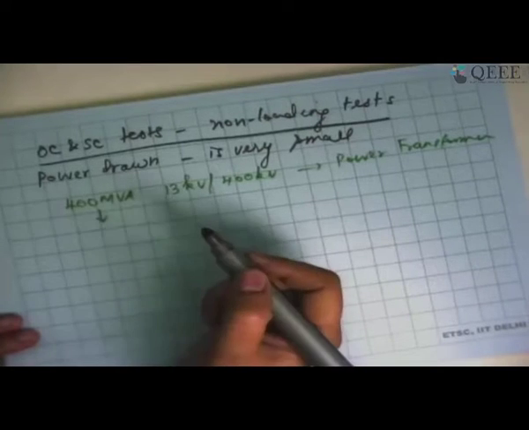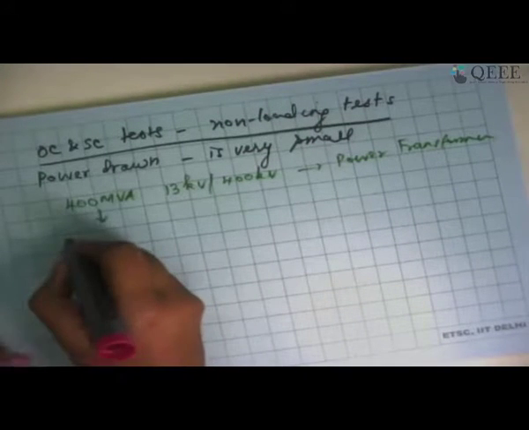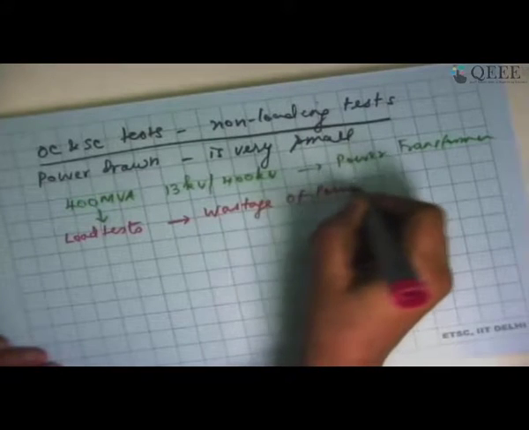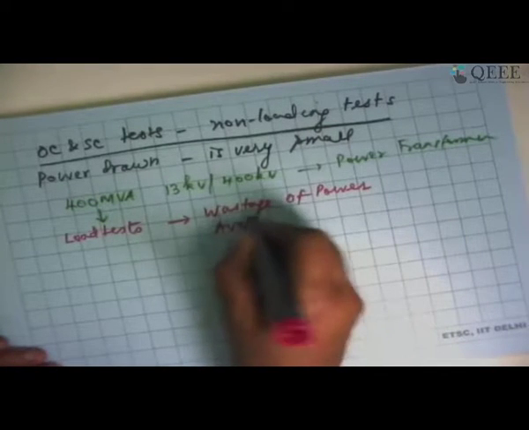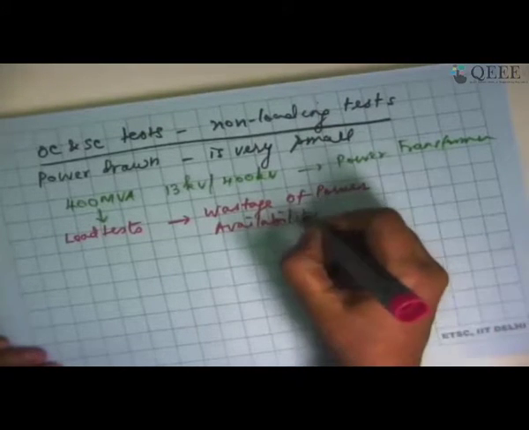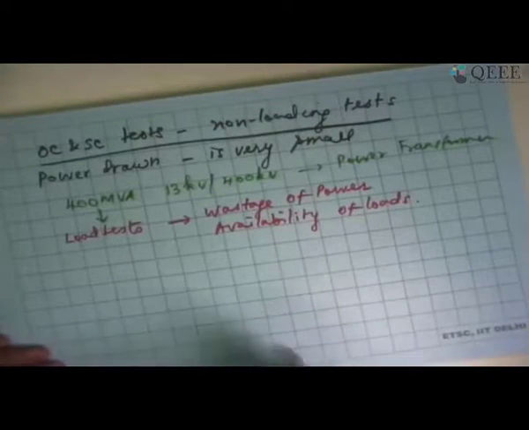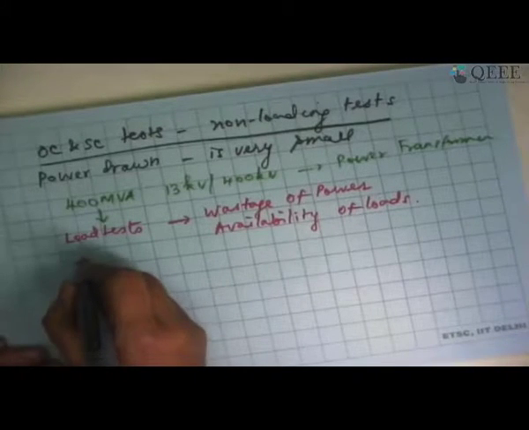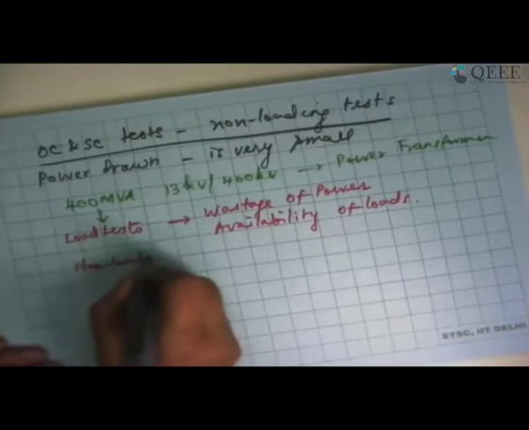Secondly, I will be wasting a huge amount of power. So the problem with the load test is wastage of power and also availability of loads. I'm not going to be able to get really a load of 400 MVA capacity. It is going to be very, very difficult. So rather than that, phantom loading test or non-loading tests are better.